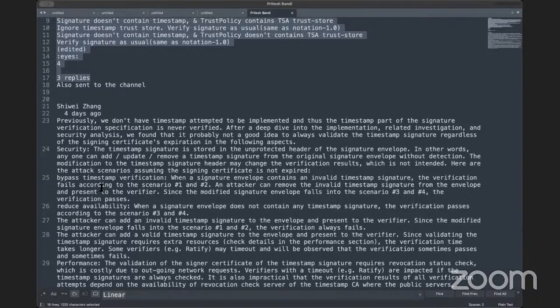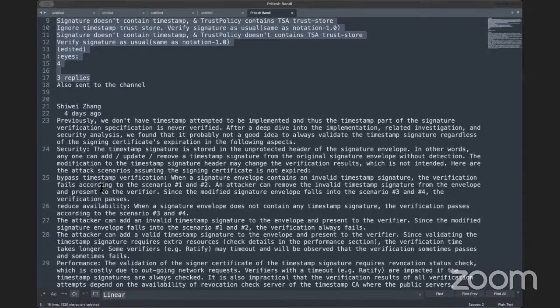Yes, so we already set a premise that the timestamp signature is not for additional security. As you mentioned, it's not for additional security, then because it's a countersignature, we should not rely on a countersignature for a critical path of verification.